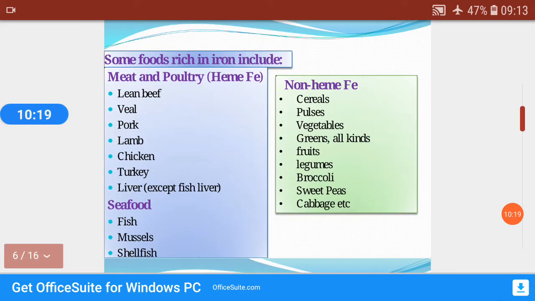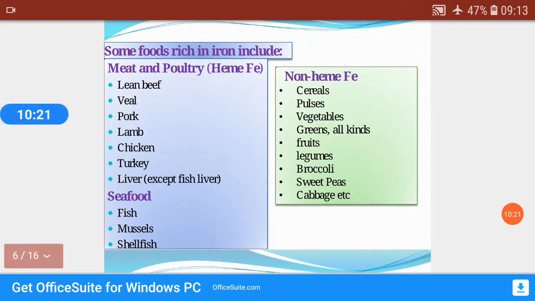Okay, so here this slide gives some foods that are rich in iron, and in some of the articles they have classified iron into heme iron and non-heme iron. And heme iron containing foods are meat and poultry products.